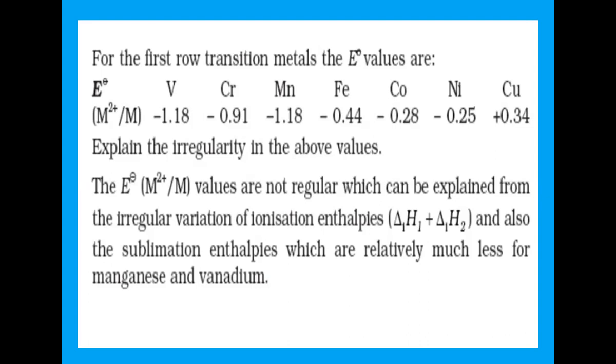It is based on knowing their ionization enthalpies as well as sublimation enthalpies, which are less for manganese and vanadium, where their hydration enthalpy dominates. If hydration enthalpy is more, definitely the values are negative. The more negative the value, the stronger its reducing nature.